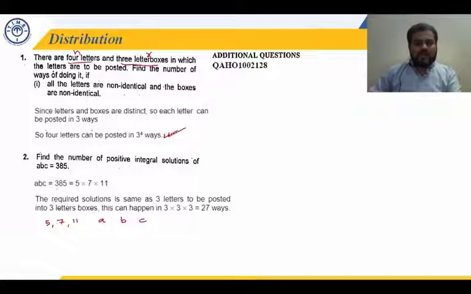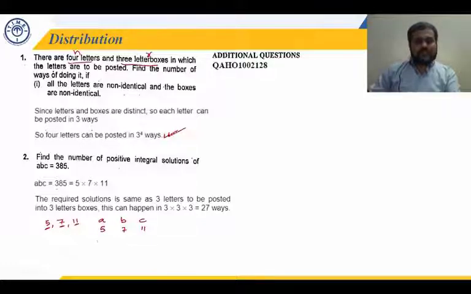Now this 5 can go into any of the boxes a, b or c. Similarly, this 7 can go into any of the boxes, and 11 can go into any of the boxes. I'll just show you a few examples. Suppose 5 goes here, 7 goes here, and 11 goes here. Then you do the product. So a into b into c is 5 into 7 into 11, which is 385.